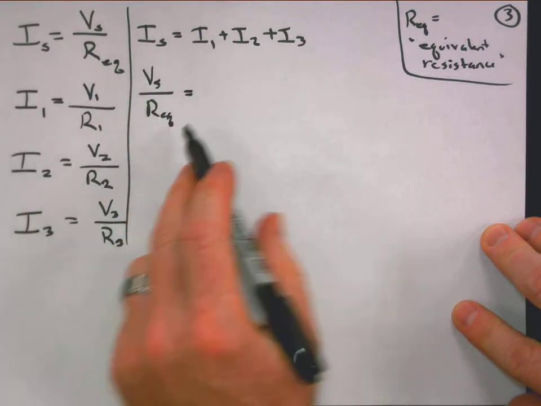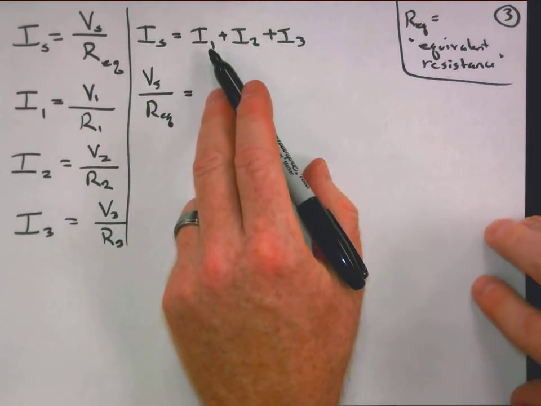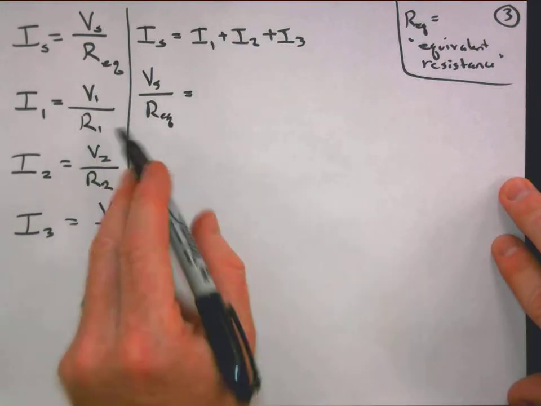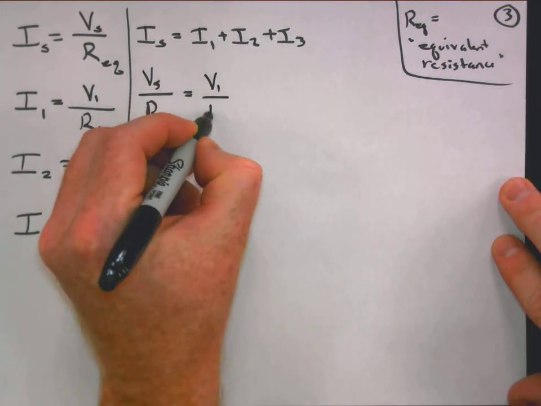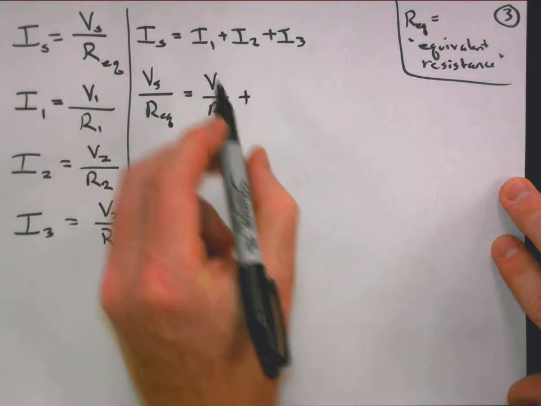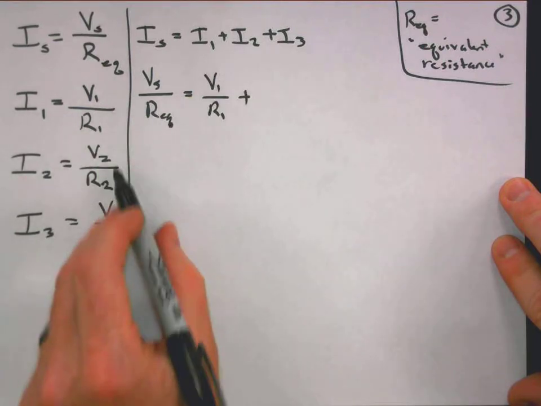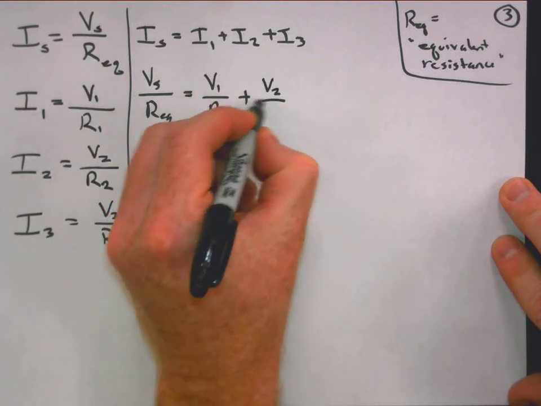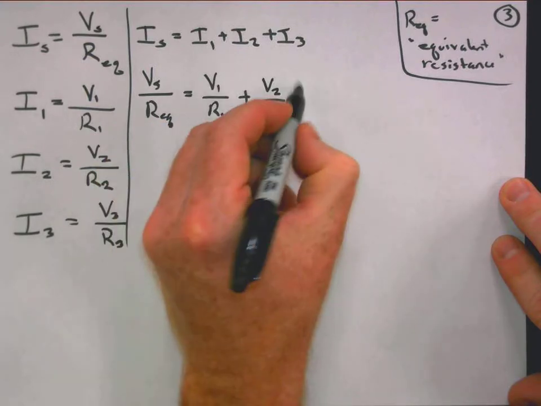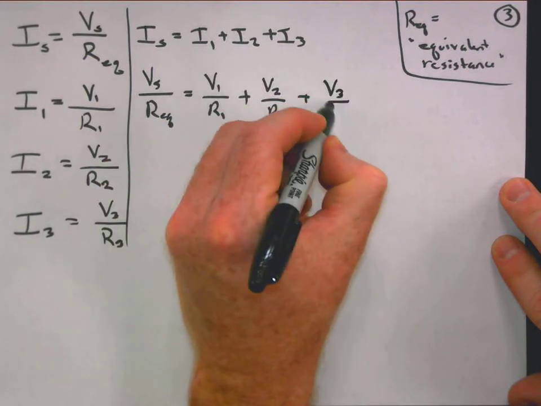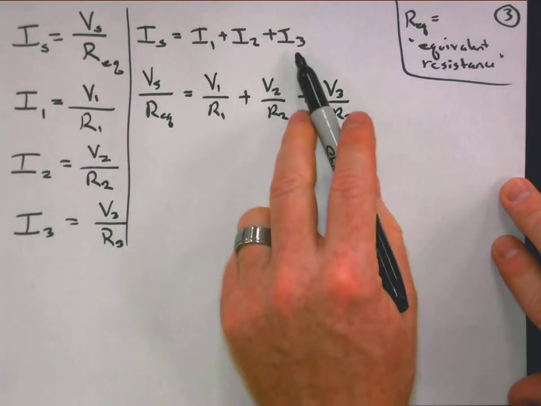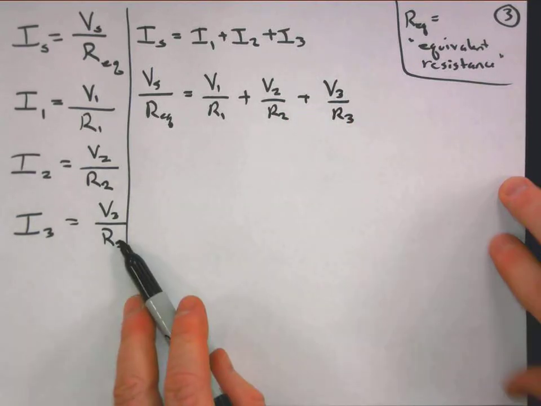And I'm going to continue writing the equation. So current through resistor 1 is V1 over R1. And current through 2 is V2 over R2. You see what's going on. So for current 3, I did the same substitution.